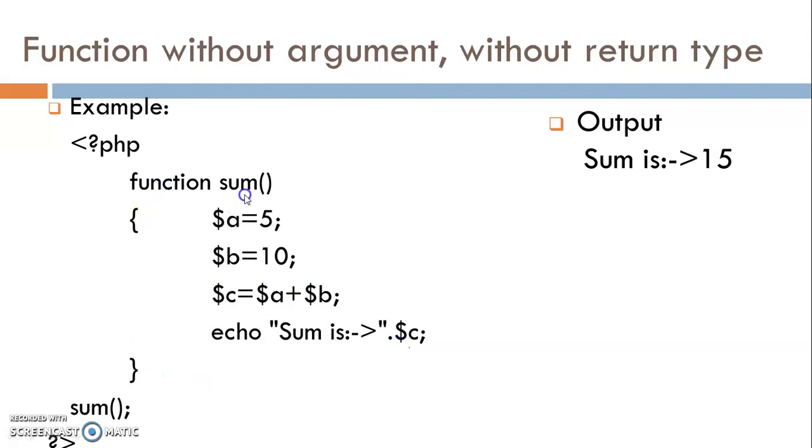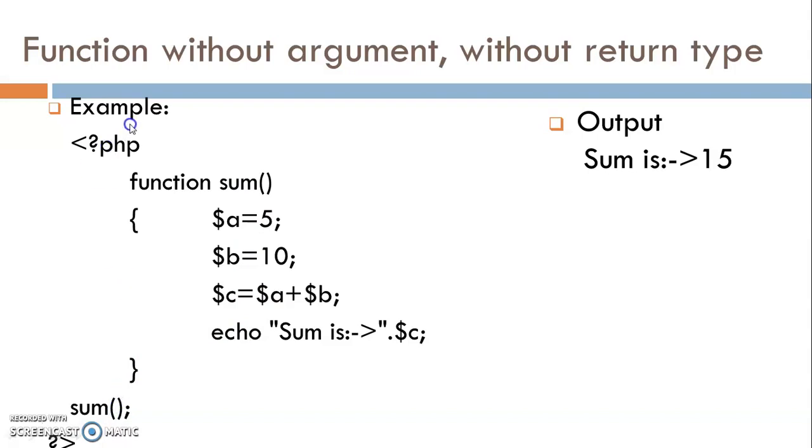Now this is the code for function sum, and after completing this code, call the function using the function name, which is sum, then open and close parenthesis, then a semicolon.